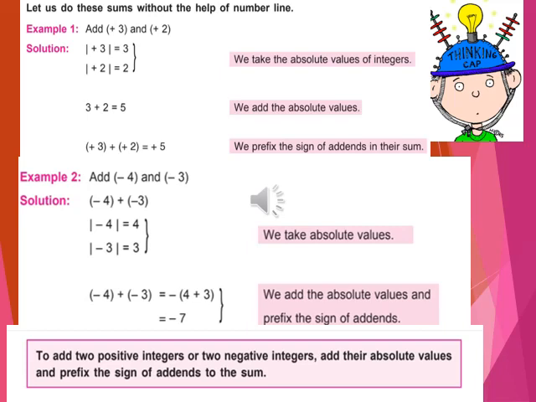So 4 plus 3 equals what? 7. So the answer is minus 7. So minus 4 plus minus 3 equals minus 7. To add two positive integers or two negative integers, first find their absolute values, add them, and then prefix the sign of the addends to the sum.